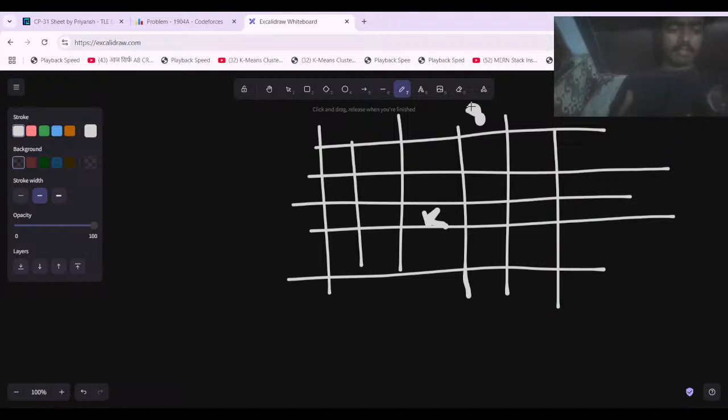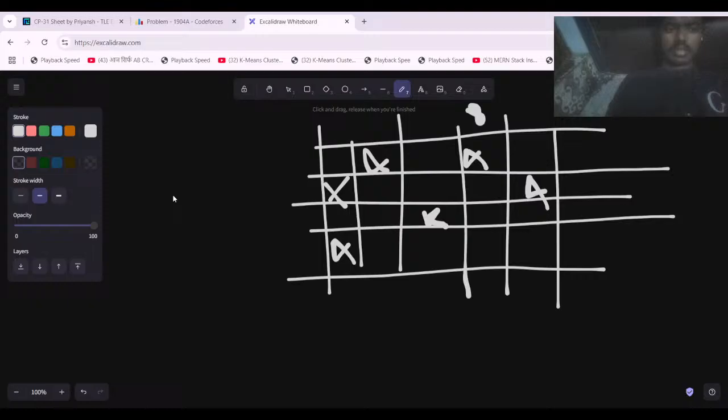So I can clearly observe that from this location the knight can go over here, then over here it would be this, then over here this, and then here to this.